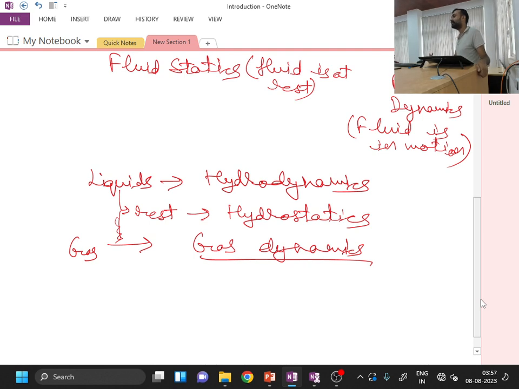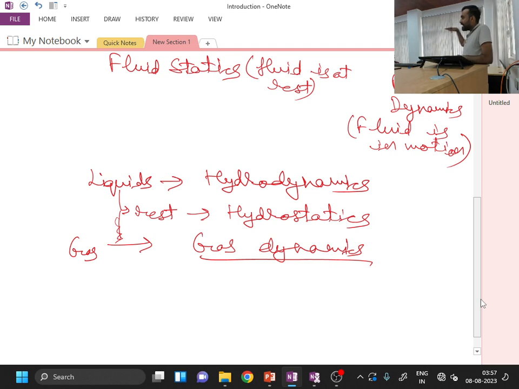So what happens in case of an aeroplane engine? You are having multiple gases which are passing through that gas turbine engine, and the speed of these gases is very high. Okay, so there what happens basically, the density of the fluid does not remain constant. Density of the fluid keeps on changing.